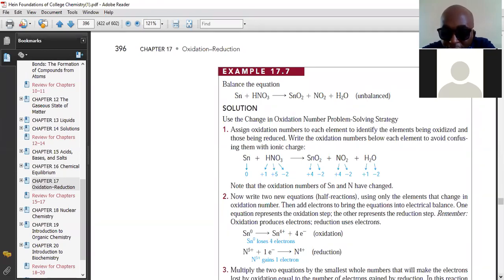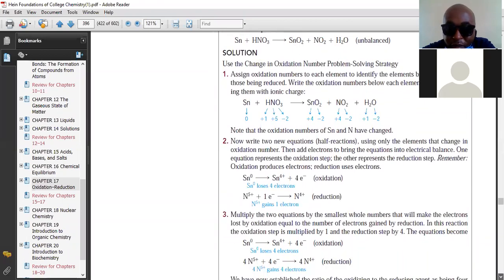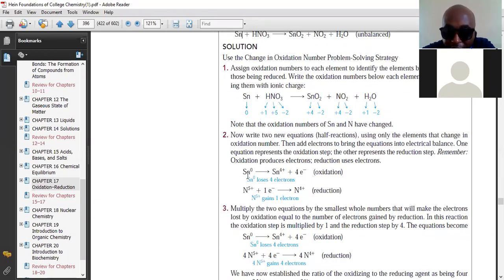As you've seen, we've written the oxidation numbers as charges. So we've written Sn0, meaning the oxidation number is 0, giving us Sn4+, meaning the oxidation number is plus 4. Then N5+ giving us N4+. Then we balance these with electrons.